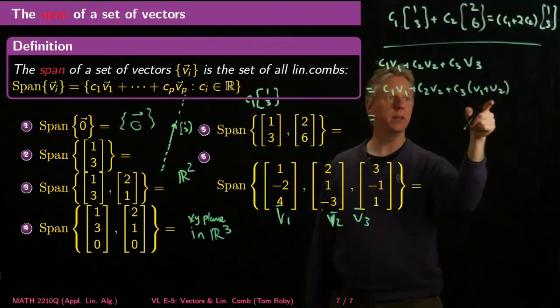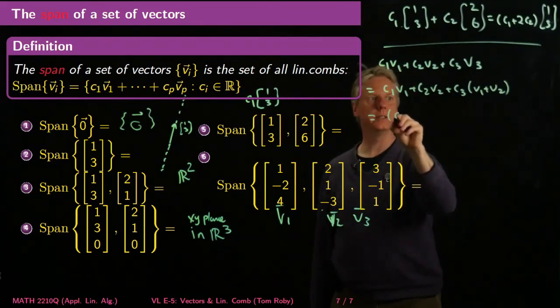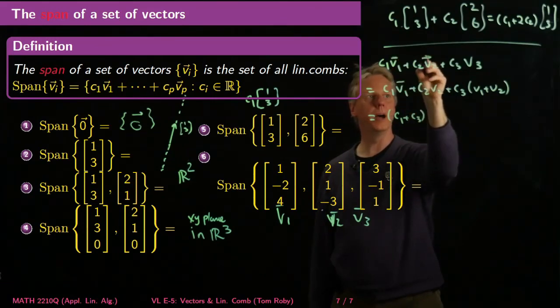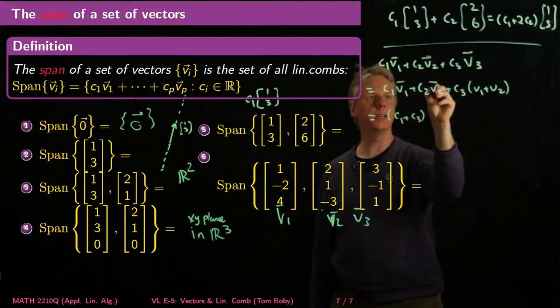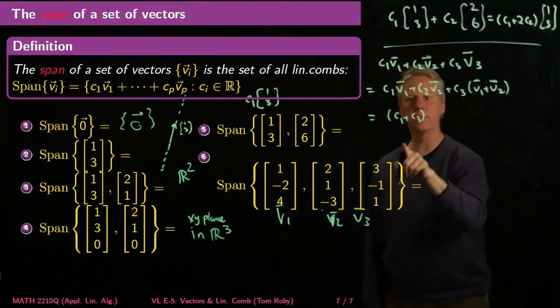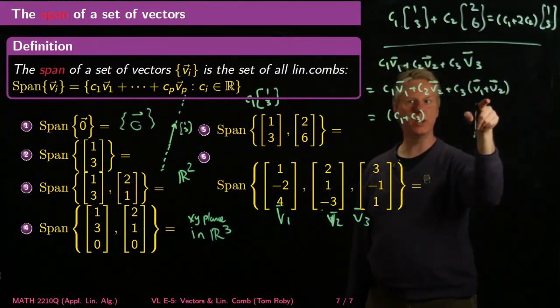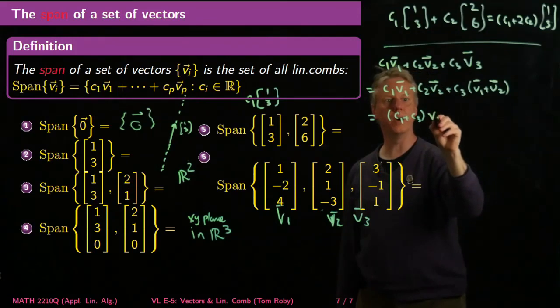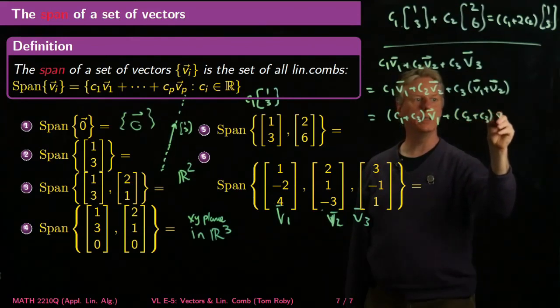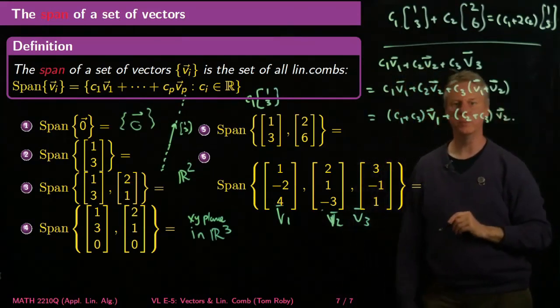So what's that? Well, that means it's c1 plus c3, and maybe I should remind you that these are all vectors that I'm talking about here. Keep my vectors and scalars separate. So this is just (c1 + c3) times v1. That's the coefficient of v1. And what's the coefficient of v2? Well, it's (c2 + c3) times v2.